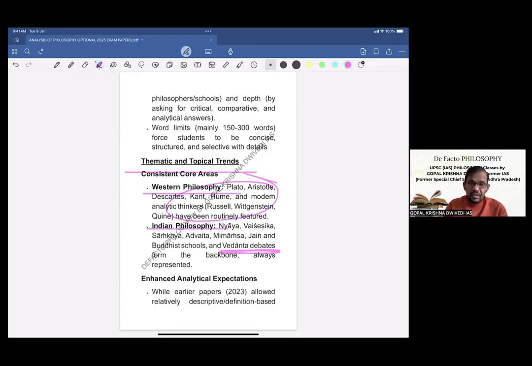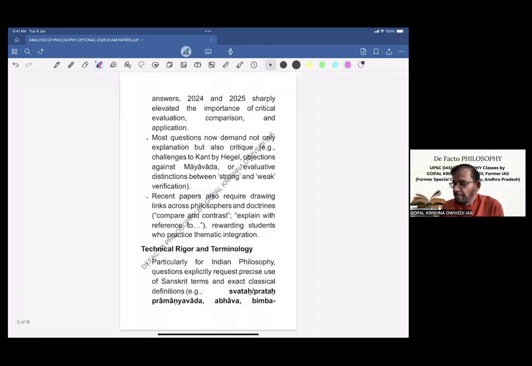This year's paper was particularly analytical; the analytical flavor was stronger. Earlier papers, particularly in 2023 and 2024 if you see recent years, allowed relatively descriptive, definition-based answers.